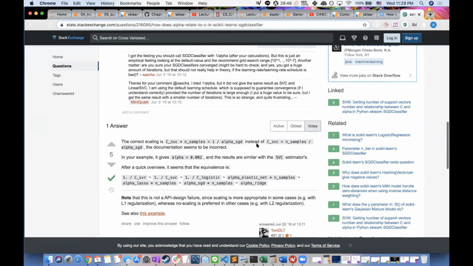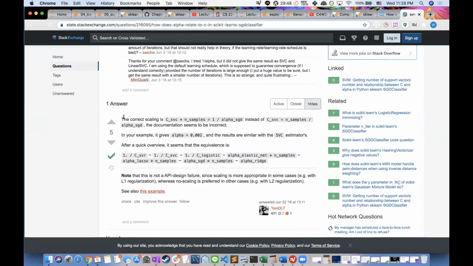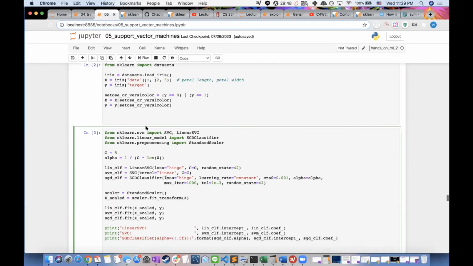And the correct scaling is C SVC times n samples, which is the number of rows, equals 1 divided by alpha SGD. So that's actually how he calculates it. Basically alpha equals 1 divided by C times length of X.